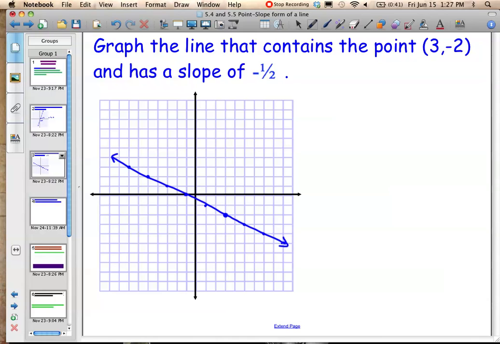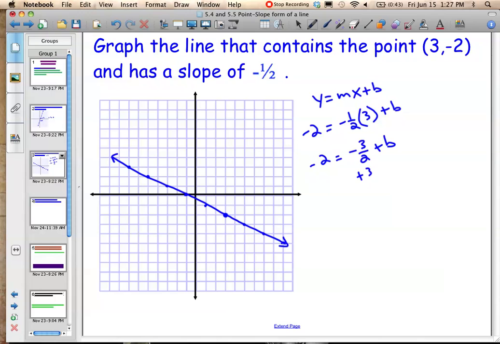So I got to use some algebra maybe, because I do know y = mx + b. And what I know is that my m is -1/2, my x is 3, I don't know b, and y is -2. Let me see, -1/2 times 3 is -3/2.